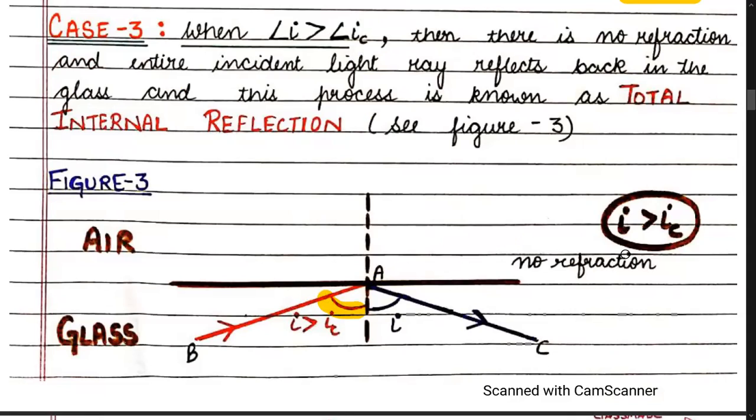That is, the entire incident ray reflects back in the same medium, that is glass, and no refraction occurs, and this process is known as total internal reflection.